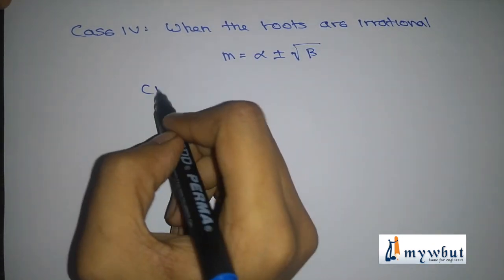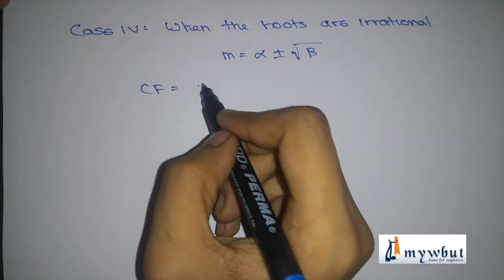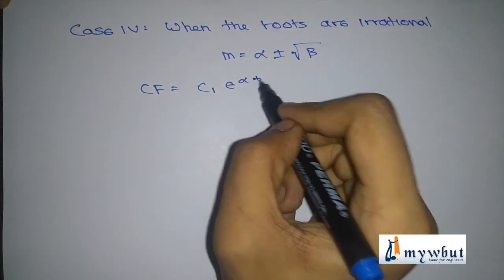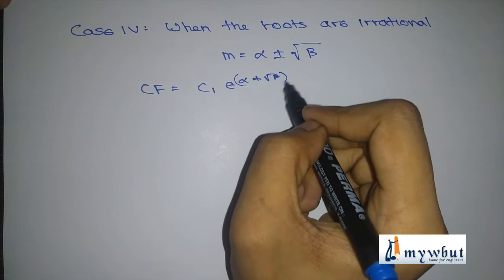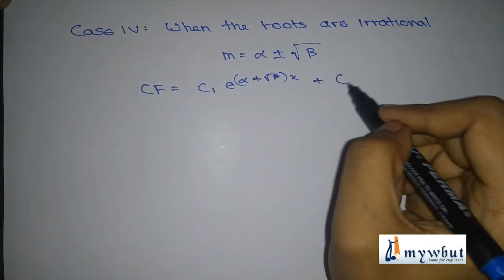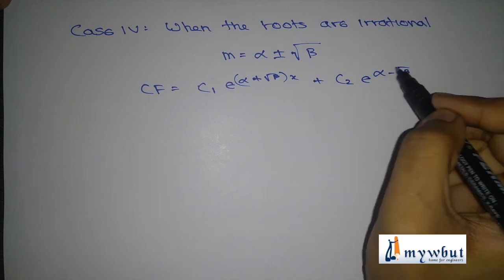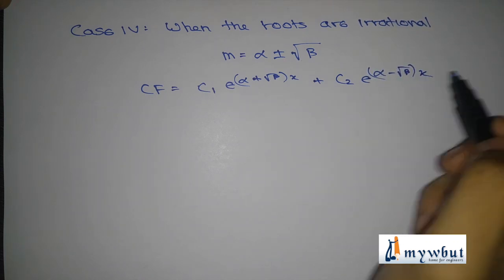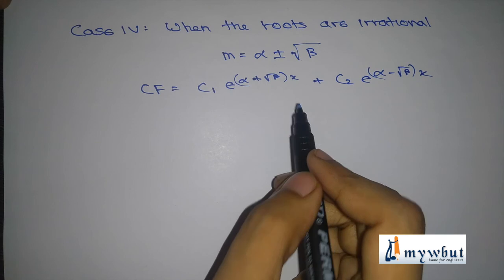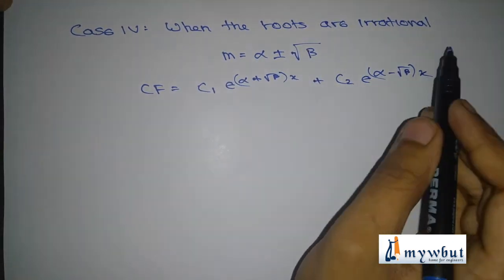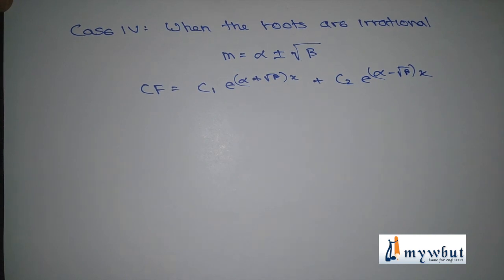So our complementary function in such a case would be given as C1 e to the power (alpha plus root beta)x plus C2 e to the power (alpha minus root beta)x. This would be our complementary function when our roots are irrational and in the form m is equal to alpha plus minus root beta.